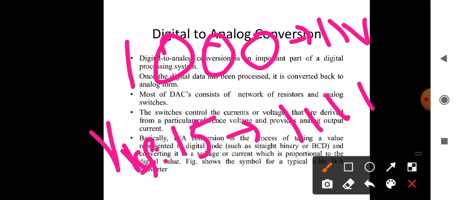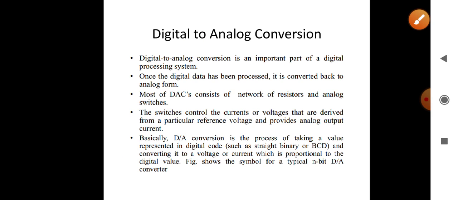For 1111, which is 15, it may be 15 volt. So it is varying by steps of 1 volt. Here we are converting the digital value into the equivalent voltage or current. So this is the basic process.